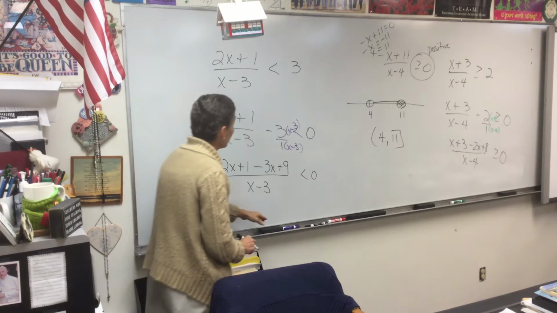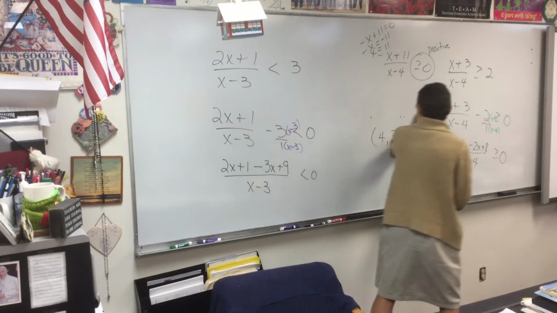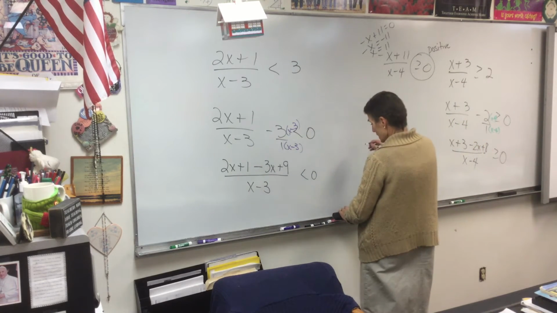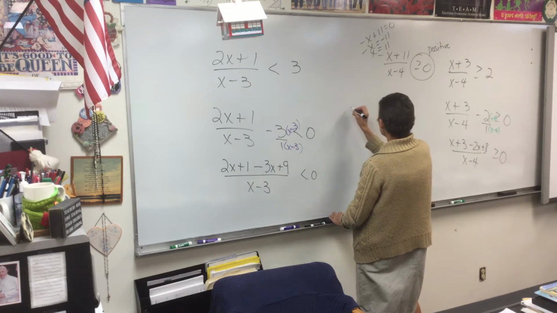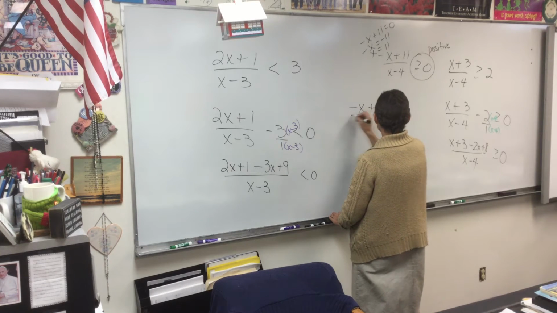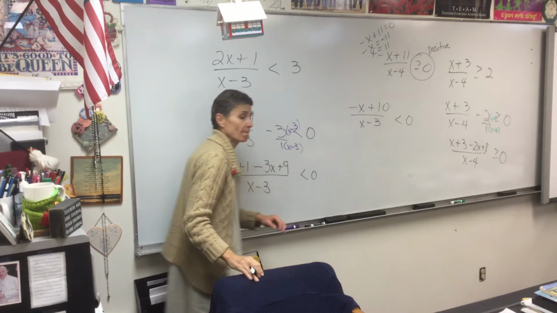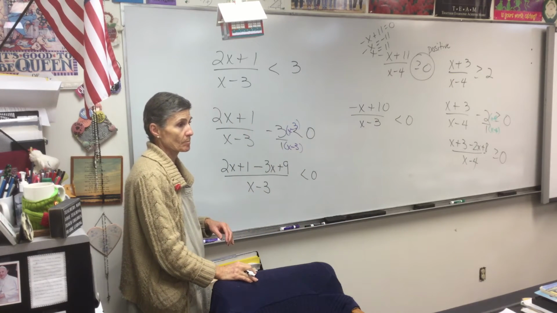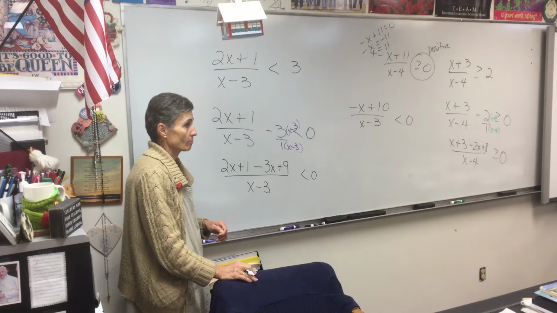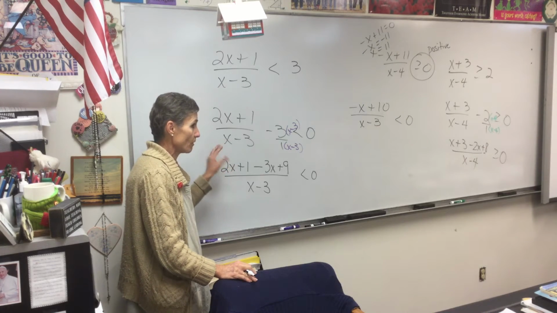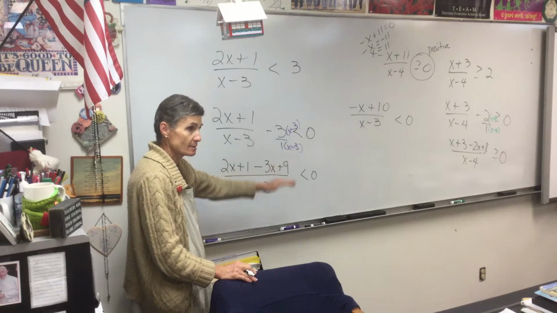So we'll clean it up. I've got negative x plus 10 over x minus 3. Everybody good so far? Steps making sense?